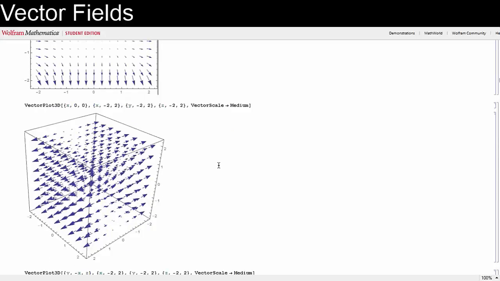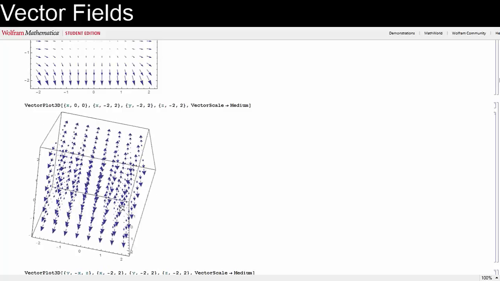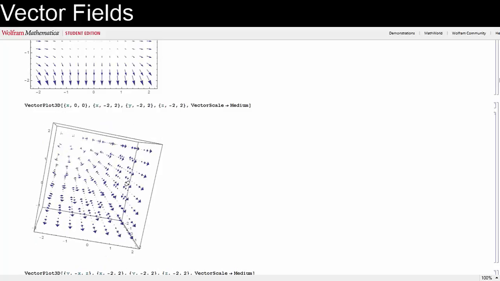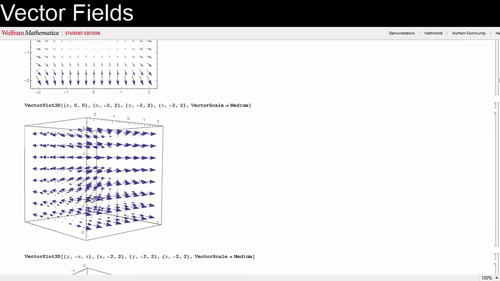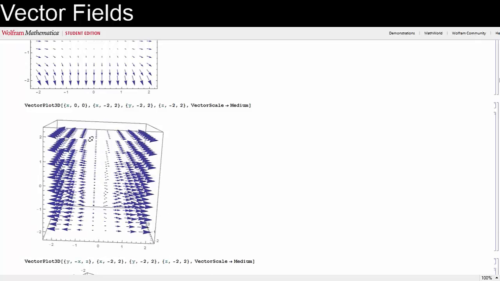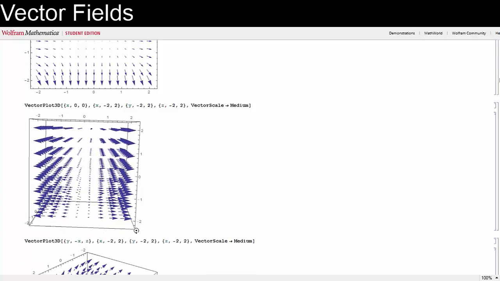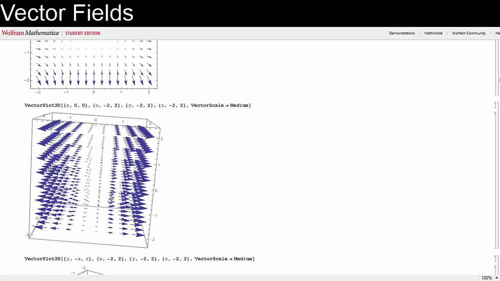Right? Now here's some 3D vector fields. So to start with, here's a simple one. This is x comma 0 comma 0. Right. So here we're looking at it where this is the x direction, this way. Right.